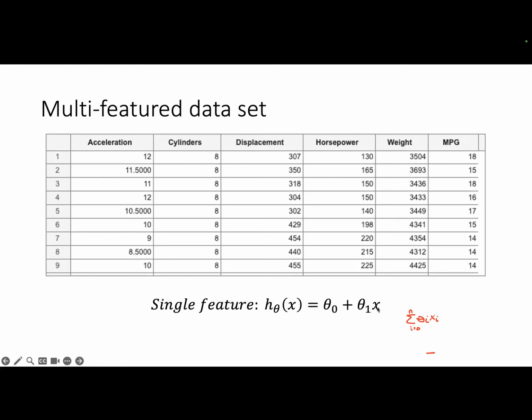Okay. Yung theta naught ay tinawag nating y-intercept at yung theta 1 ay tinawag nating slope. Okay. Now, in machine learning language, yung theta naught ay tinatawag natin na bias at itong theta 1 ay tinatawag natin na weight.